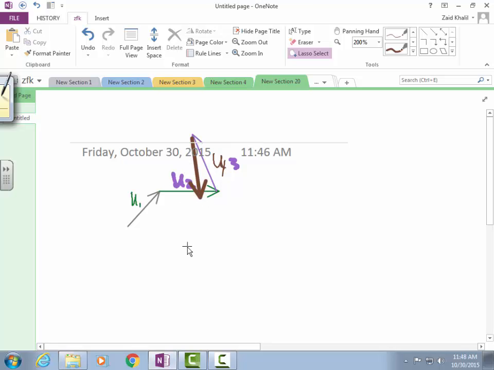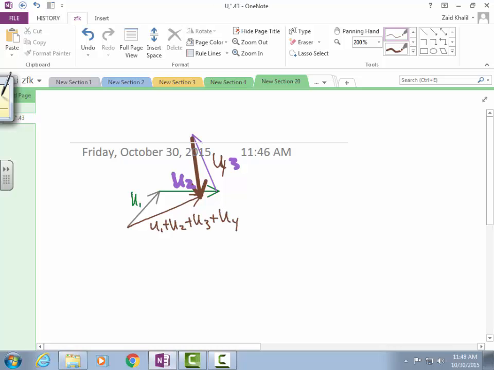And of course, that vector is U1 plus U2 plus U3 plus U4.